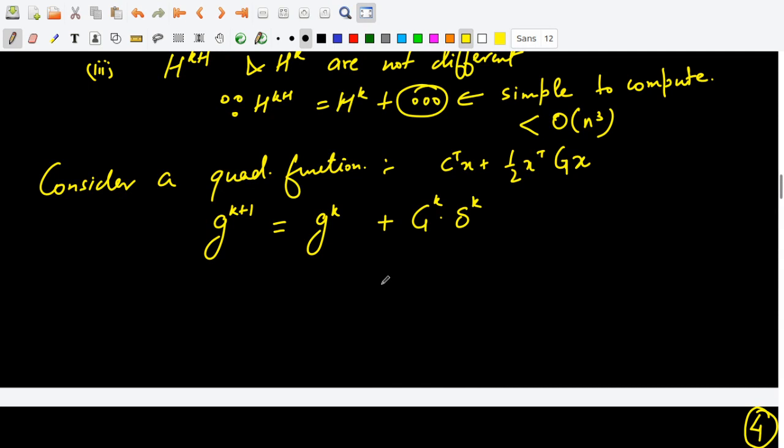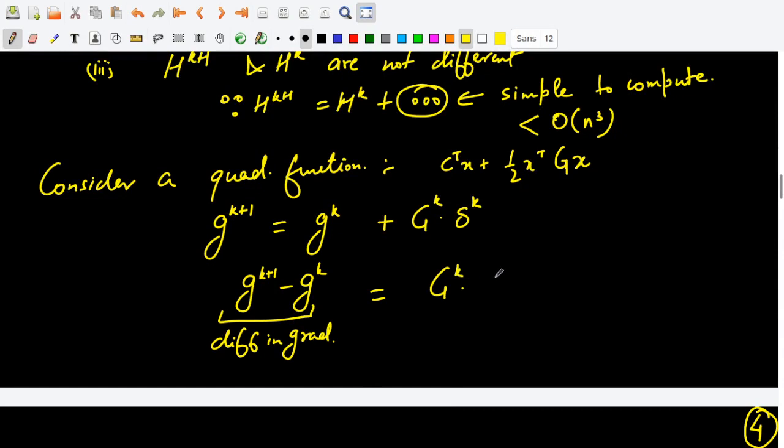One way to see it is that g_{k+1} minus g_k, the difference in gradients, is equal to the Hessian times x_{k+1} minus x_k.